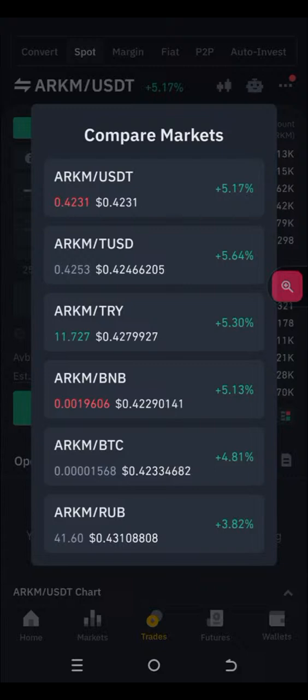So compare market shows you the different markets where each particular coin is listed. And when you say, how do you spot markets to trade on, you can look at the different markets. We have the TUSD, we have USDT, we have BNB, we have BTC. Now, when you find a difference between them, that is where you choose a market to trade with.